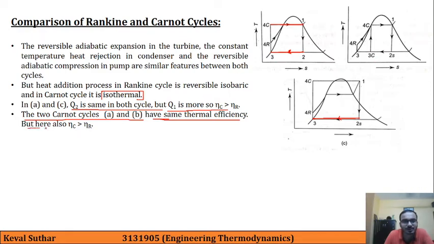But here also we can see that eta Carnot is greater than eta Rankine, because the fundamental difference is this: the standard formula is eta is equal to Q1 minus Q2 divided by Q1.